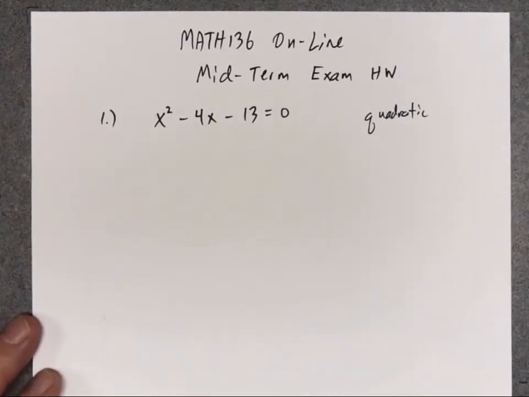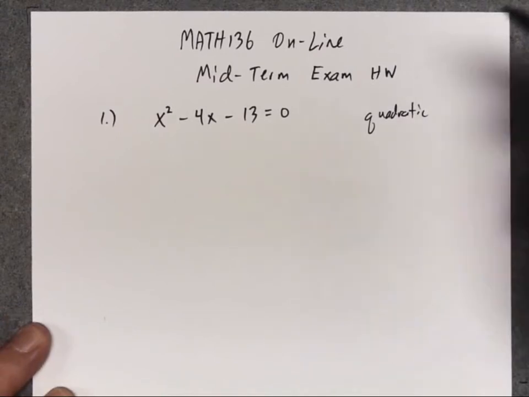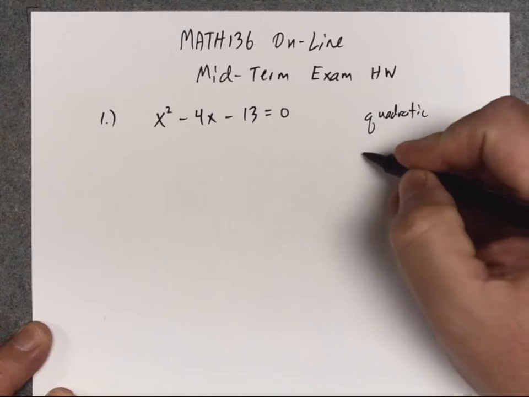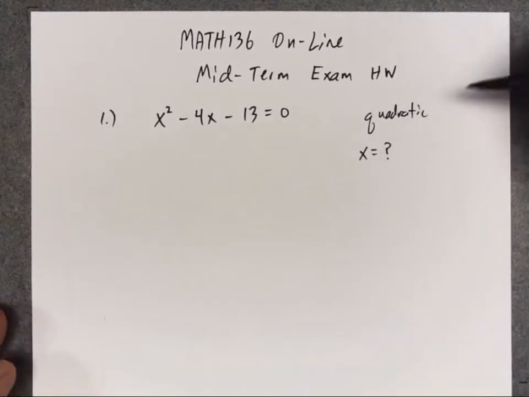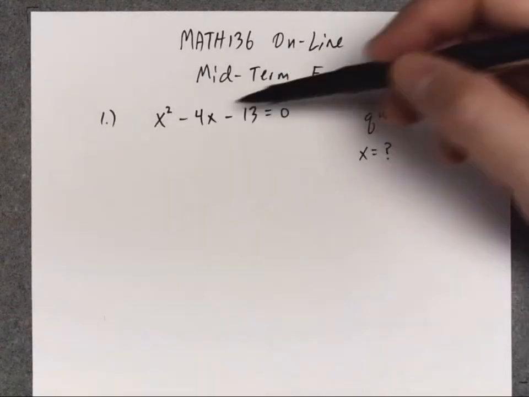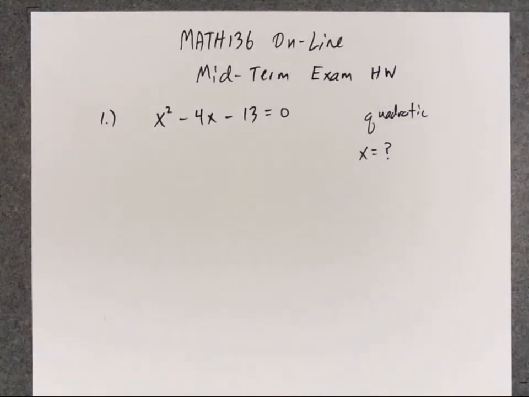There are a couple of different ways that typically you go about trying to solve this trinomial. Once again, the goal is to solve for x. In other words, that means just find the value of x that makes this equation true. Sometimes there may be more than one number.